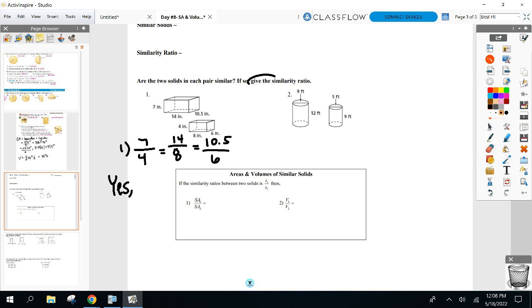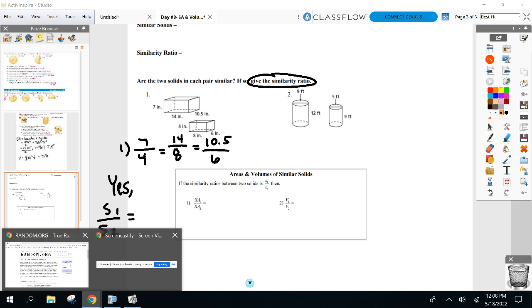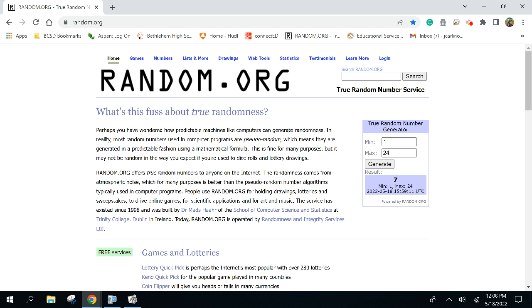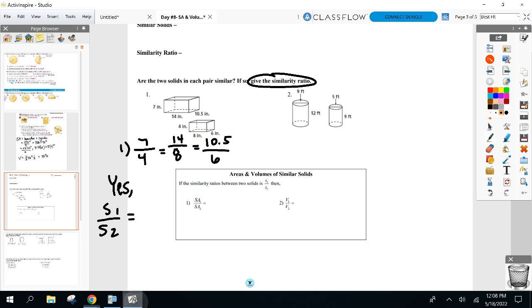If so, give me that S1 over S2. What's the side ratio? Ratio of two corresponding sides. Don't make it complicated. You have 3 of them up here.